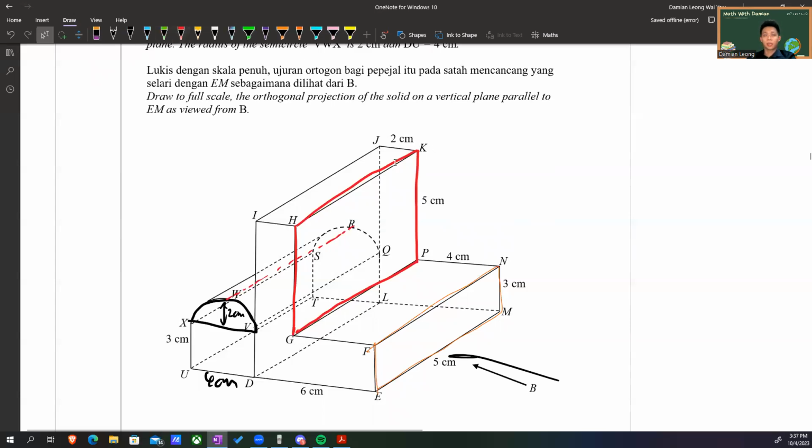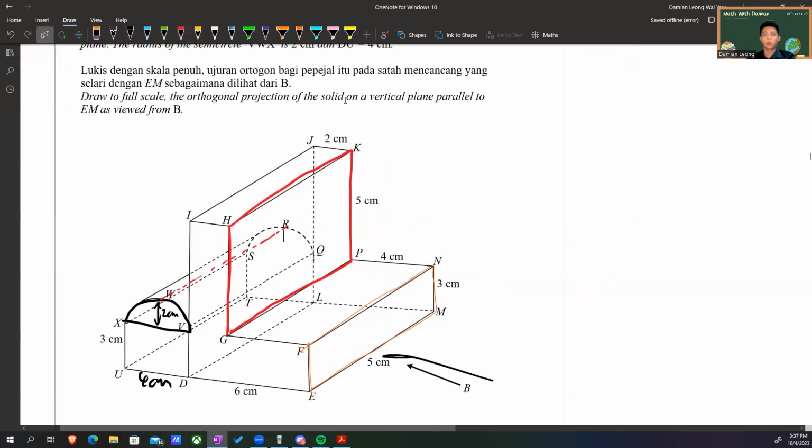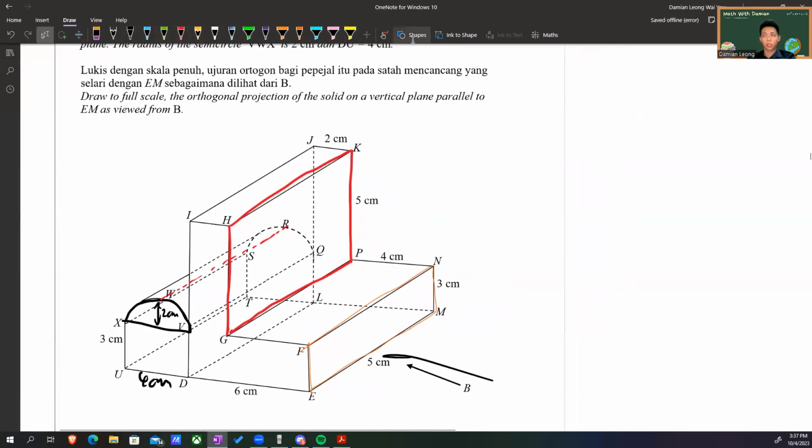Basically, just sketch it out. You have to measure using your ruler. I'm not going to draw using a ruler here because I don't have a ruler on this app. But when you draw it out, you have to use a ruler to measure exactly 5 cm and go up by 3 cm.